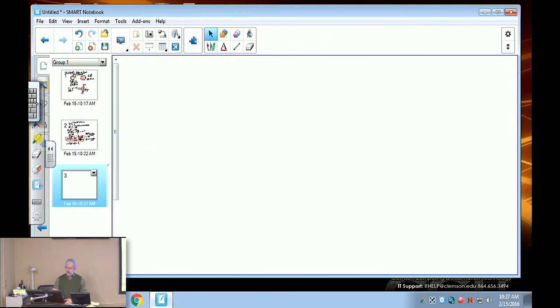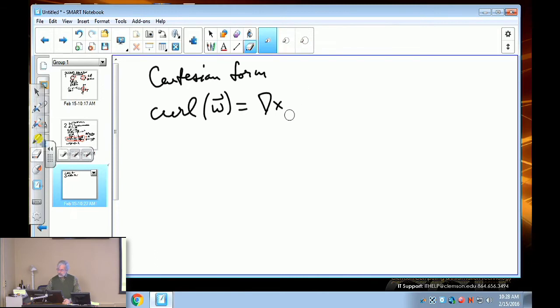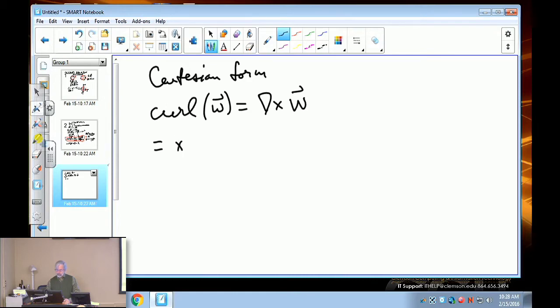So the Cartesian form of the curl. Well, write it like this here. The curl of a vector field, also written as the cross product of the gradient operator, or the del operator, with W. And this is a vector field here, and I'm going to write it down. Oops, I need a W there.